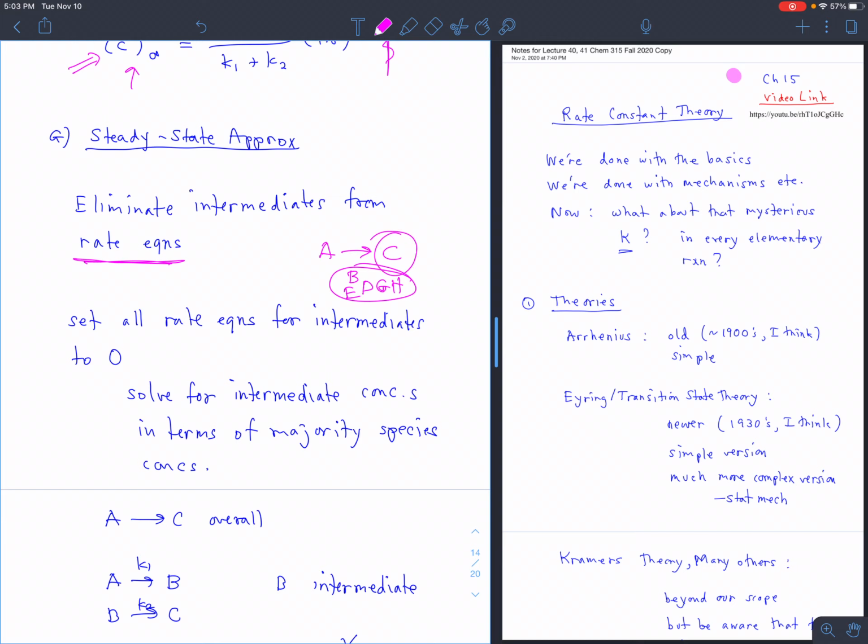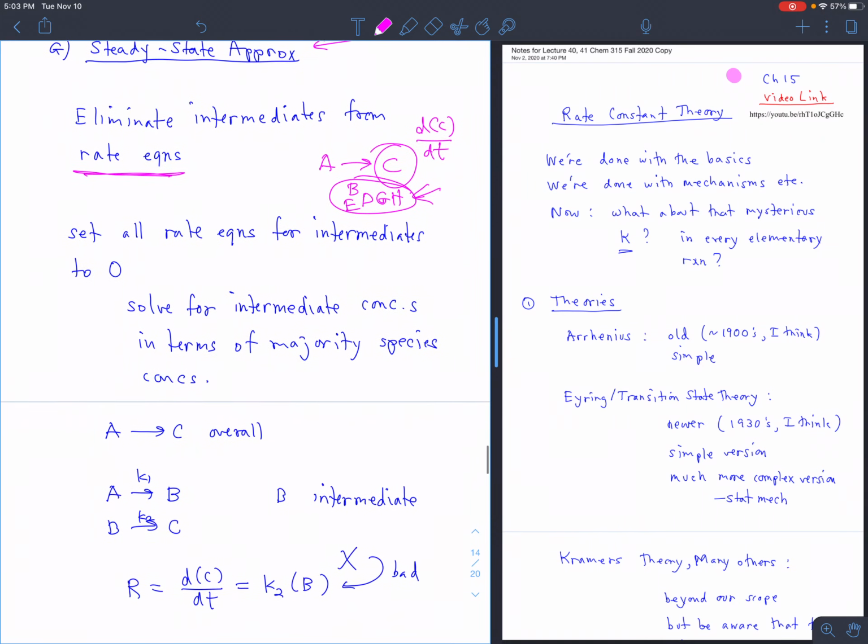Very likely, if you write the rate of change for C from the mechanism, it's going to involve all these intermediates, and that's no good for practical purposes. You want to eliminate them. You also want to understand the mechanism better, and for both of those purposes, the steady state approximation is useful.